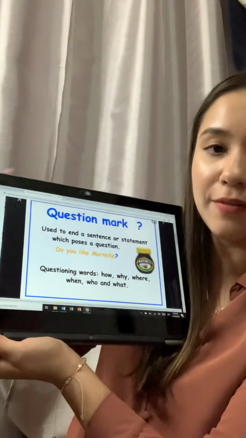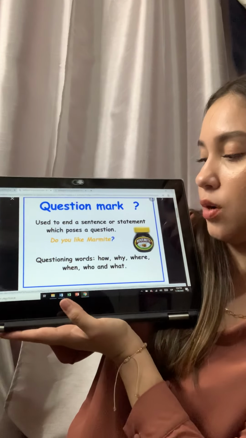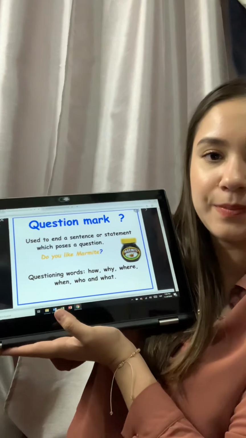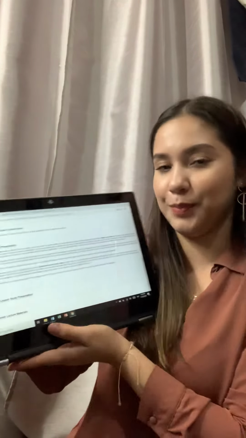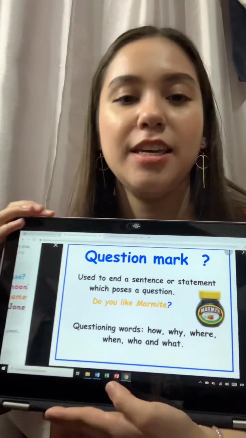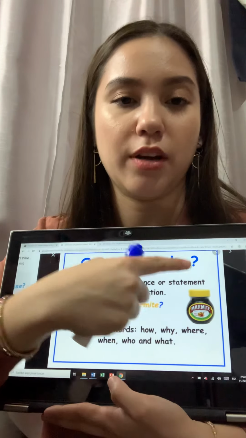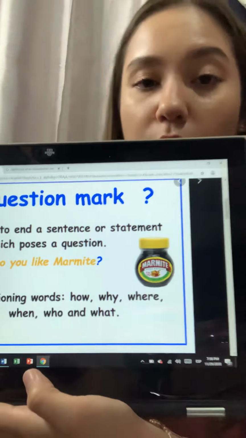Okay, so here we have an example. It says, do you like Marmite? So it's a question, and it ends with a question mark. Here we have our question mark. That's the drawing of a question mark.